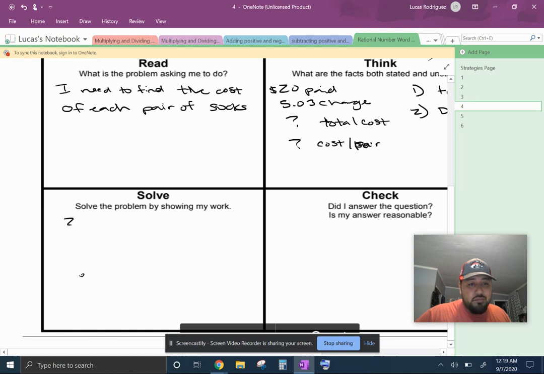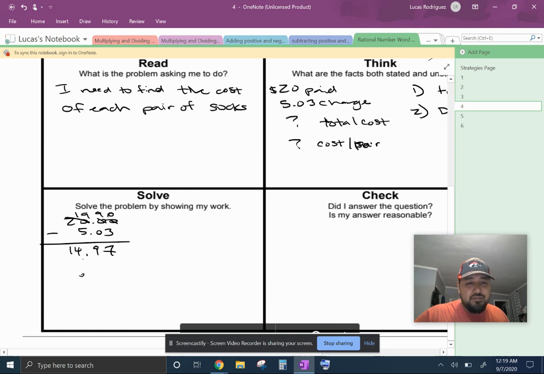I paid $20 and got $5.03 back, so I'm going to subtract those. So 20, 19, and then this is going to be 9, 10. So I have 10, so it's going to be 7, 9, and it's going to be 14.